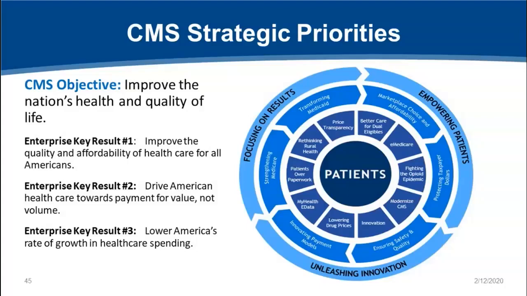And when we look at this, we can see that foundation of empowering patients and that being core to everything and kind of wrapping around all of these different initiatives to really support it. Same thing with focusing on results and unleashing innovation. And by focusing on results and unleashing innovation, that then really kind of bleeds into and supports empowering patients. So it all really works together to really help us achieve all of these various initiatives and priorities.